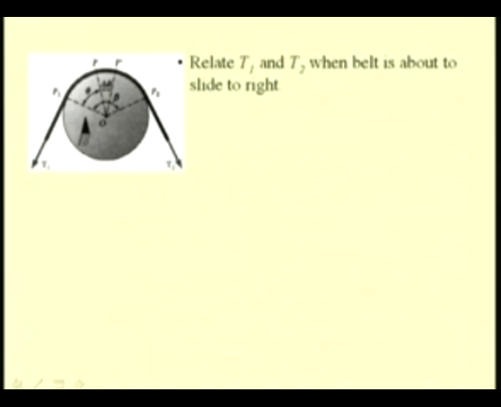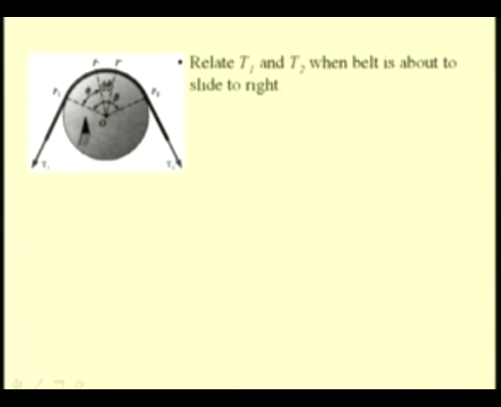Let us also assume that the belt tends to slip to the right hand side. That means the tension T2 is larger than tension T1, and it is pulling and trying to rotate this pulley about this point O.